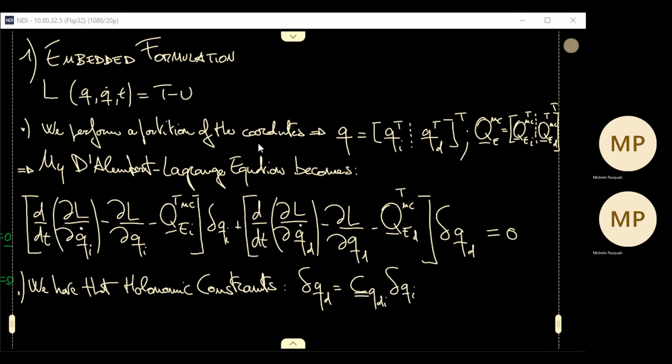Do you remember this? We derived this from the Jacobian of the system. Now we can make use of it and substitute it in here. Okay?